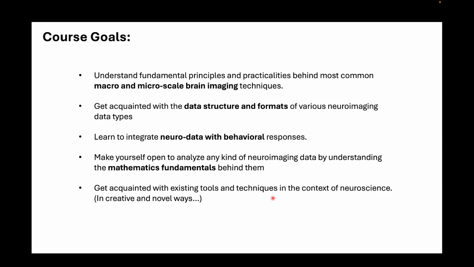It can be electrical, it can be activity related to blood oxygenation levels, or activity related to neurotransmitter concentration inside the brain. So we'll cover, through these 4 techniques, the practicalities and fundamental principles behind them.